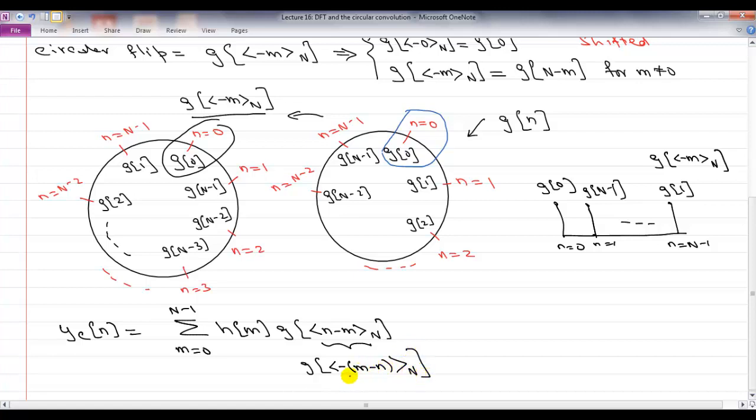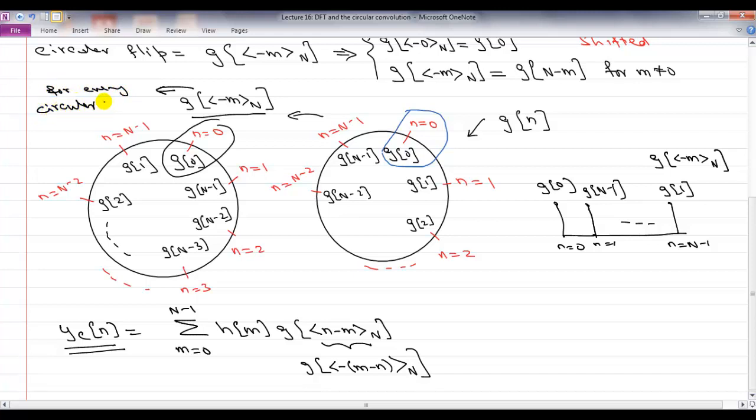So what that mathematically means is that if you are interested in computing the nth sample of the circular convolution, then we simply circularly shift the circularly flipped version g of minus m mod n by amount n.